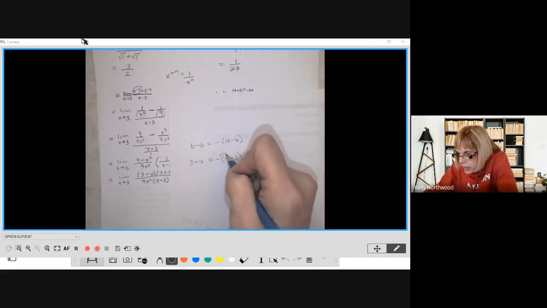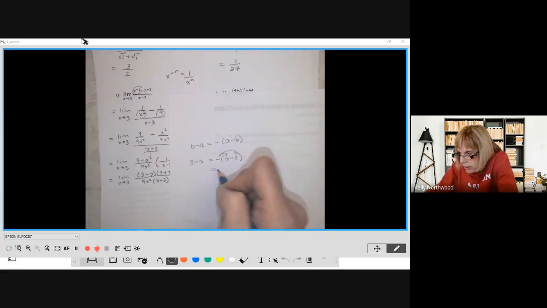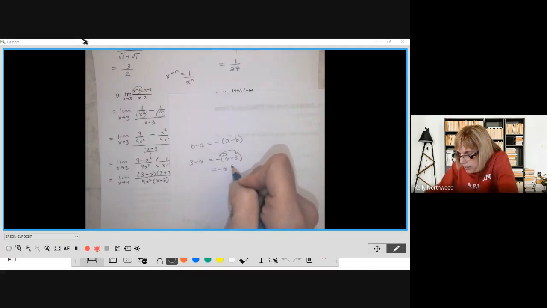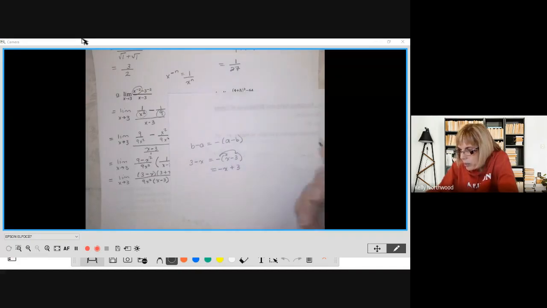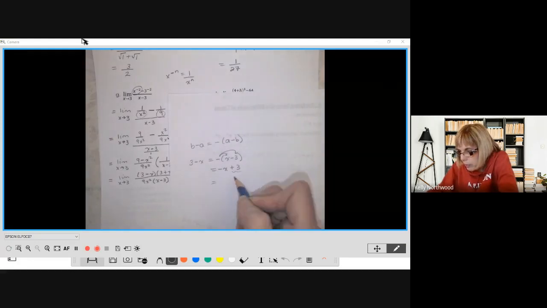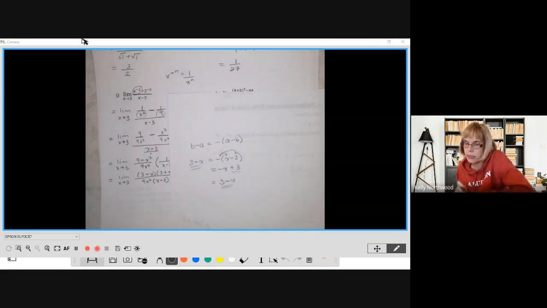And that's because if you were to distribute here, you'd get negative x plus 3, which you could reorder, put the positive 3 first and the negative x second, and get back what you started with. Okay, so we call that an identity. And it's a useful identity because it allows us to divide out that problematic factor in our denominator.